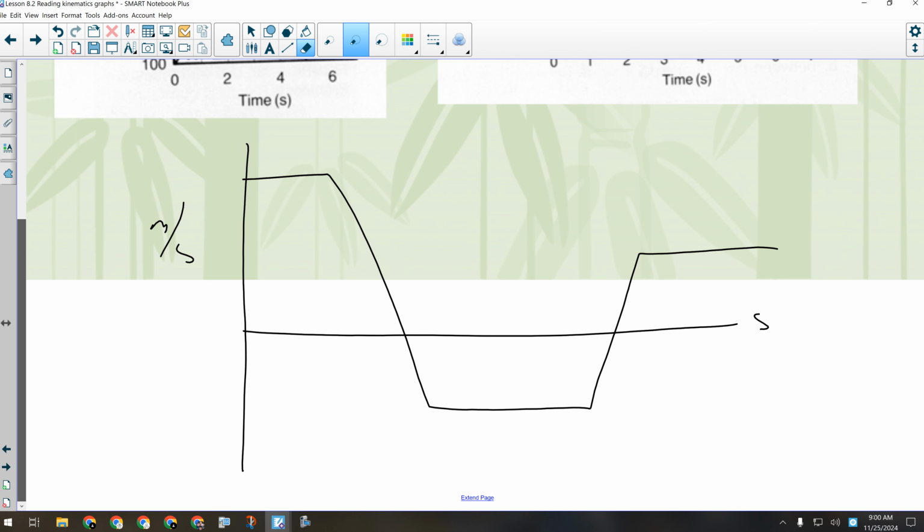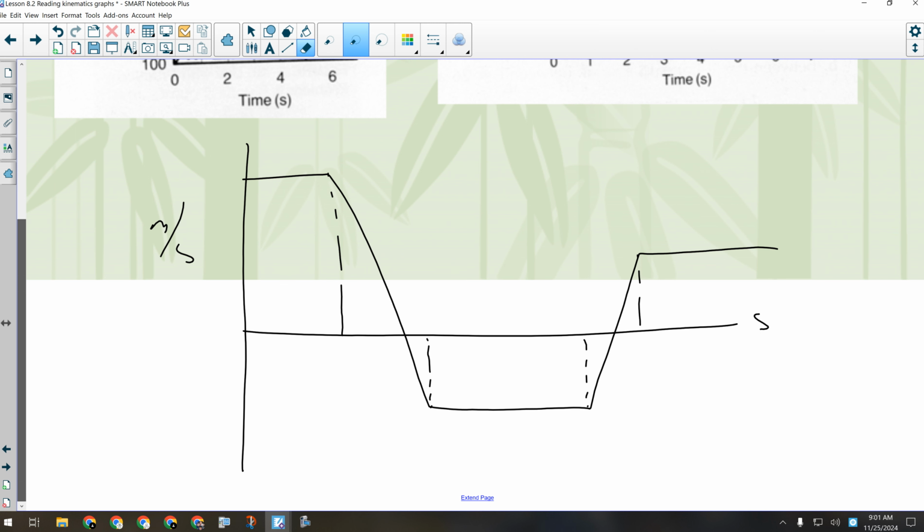I could do a rectangle here. Triangle there. Triangle there. Rectangle. Triangle. Triangle. Rectangle. If I calculate the area of all of those, what I'm doing is using the average velocity for each part and multiplying it by the time for each part, and getting the displacement for each section, and then I'd add them all together, making sure that I kept the negative ones negative, right? Because below the x-axis, there's that little bit there that would be negative.